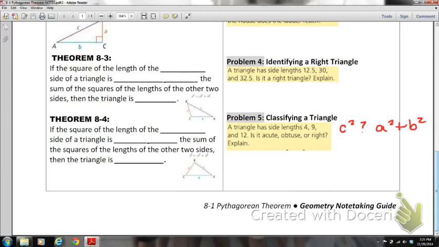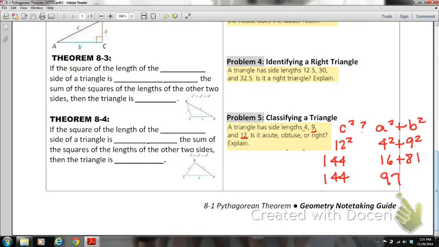So let's plug in the numbers. The largest side they give us is a 12, so that goes in for your c. The other two lengths are 4 and 9, so that's 4 squared plus 9 squared. So we have 144 on the left side, and 16 plus 81, which is 97, on the right side.